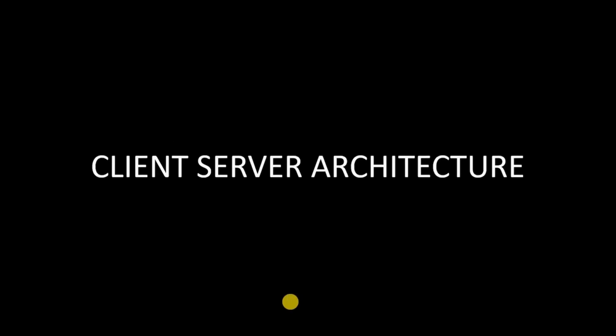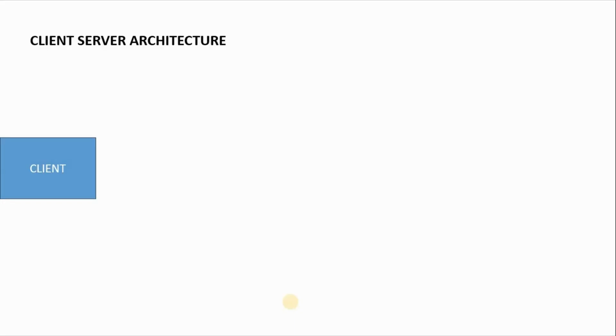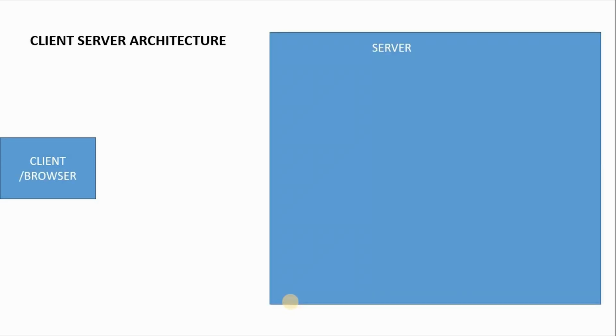So in order to understand how a web technology works, not only in Java but in any other programming language, you need to understand what a client-server architecture is, because web technology itself is based on client-server architecture. Okay, so in a client-server architecture, there is a client and obviously there is a server. Now, what is a client?